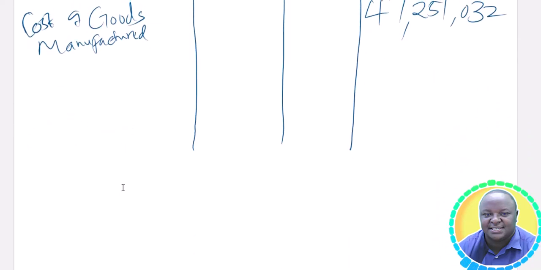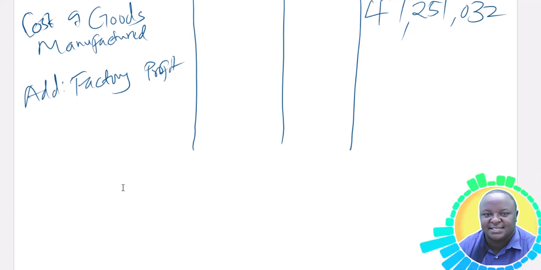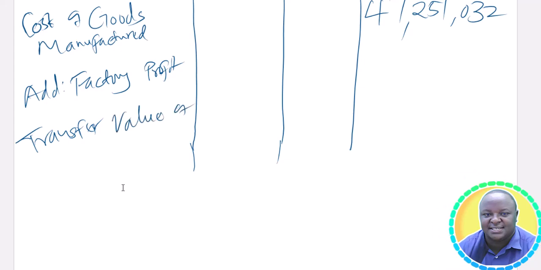Cost of goods manufactured will be 47,251,032. So we are going to get the factory profit, but we shall calculate that. Then we are going to get transfer value of goods manufactured.